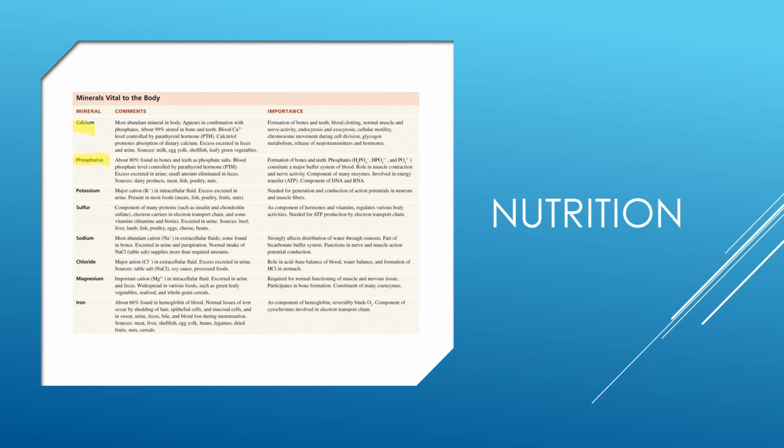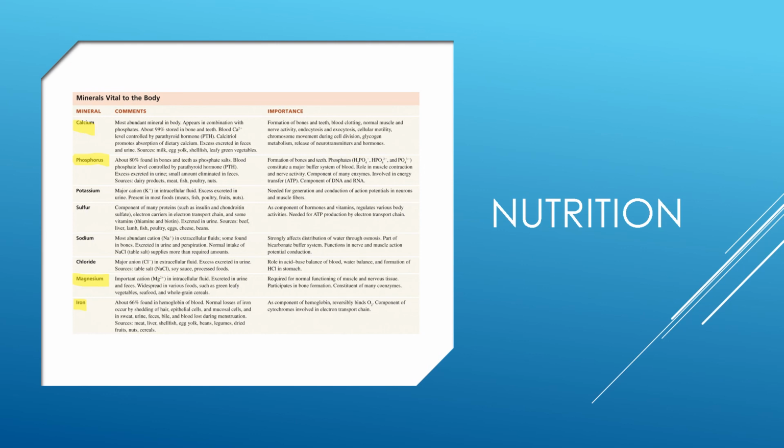Calcium and phosphorus form part of the matrix of bone. A major role of minerals is to regulate enzymatic reactions. So calcium and iron, magnesium, and even manganese, which I think is on the next slide, are all minerals that constitute some coenzymes.